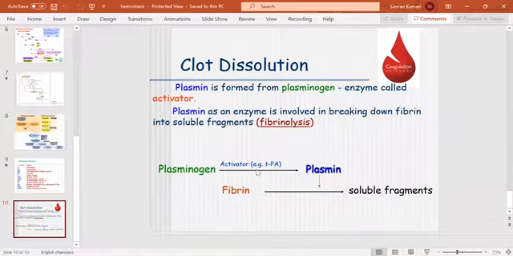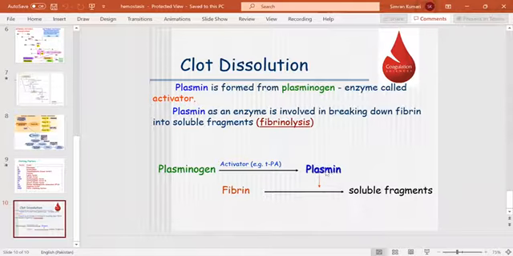अच्छा, now we'll talk about the clot dissolution. ठीक है? Basically your plasminogen gets activated into plasmin by this tissue plasminogen activator. ठीक है? देखो, tissue plasminogen activator is a naturally occurring fibrinolytic agent found in the endothelial cells of the vessels. ठीक है? जो कि plasminogen को activate कर देता है into plasmin. ठीक है.